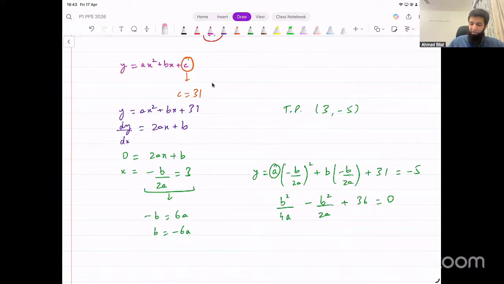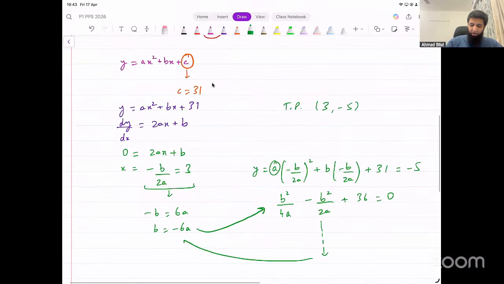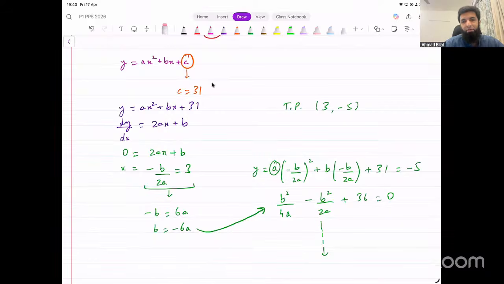That's another equation that we're getting. Now you could input b equal to negative 6a here and solve that equation. You just have to solve simultaneous equations. You'll get a value of a from this, put that back here, and you'll get the corresponding value of b as well. That's slightly longer, but you could do it this way as well.